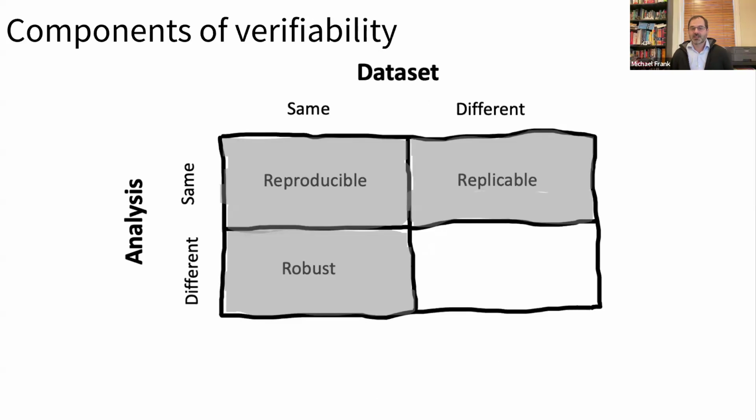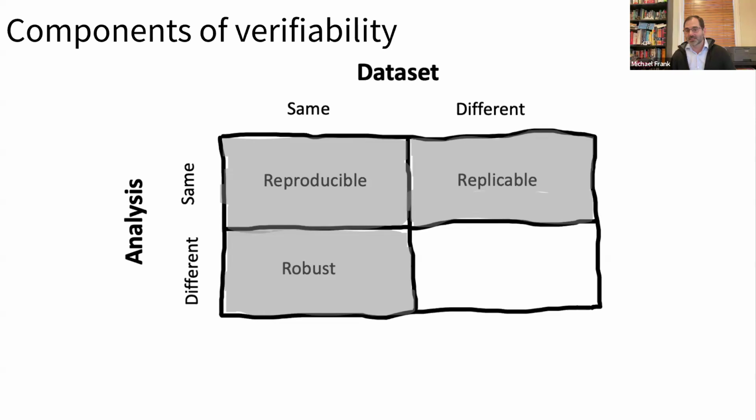In the past 15 years or so, we've established a taxonomy for components of verifiability of a scientific result. This is just terminology. When you've got the same data set and the same analysis, so you really have the same numerical tabular data file, and you do the same kinds of statistical analyses on it and get the same result, we typically call that reproducible or computationally reproducible.